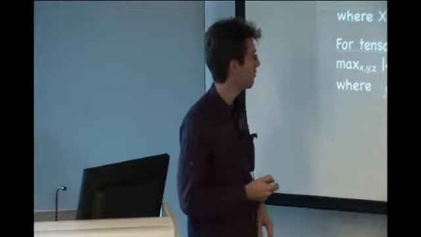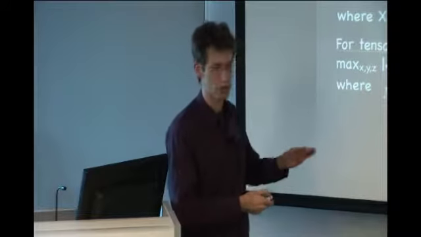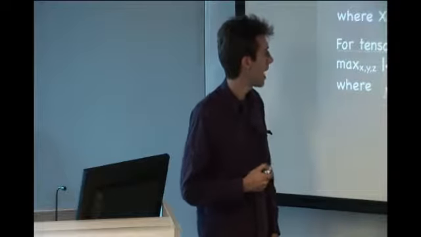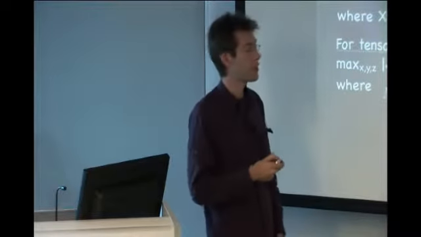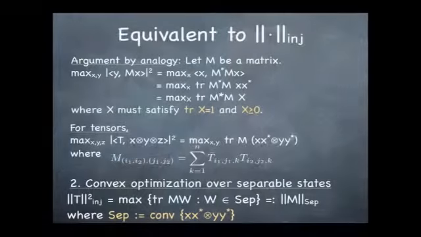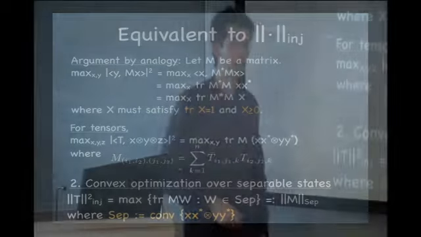For any positive semi-definite matrix, there exists a corresponding T, just like in the matrix case. And computing this quantity is precisely equivalent to computing the original injective norm. So this gives us a second reformulation, as a convex optimization problem.